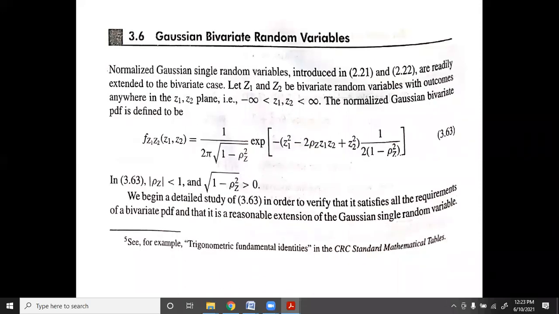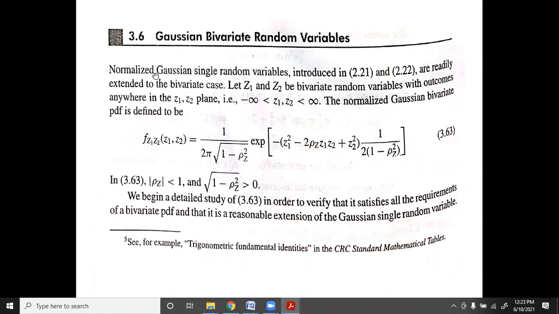In the Gaussian bivariate random variables, we generally extend from the single normalized random variable. When we say normalized, mu_z will be equal to 0 and sigma_z will be equal to 1. Normalized Gaussian means the mean is equal to 0 and the variance is equal to 1.